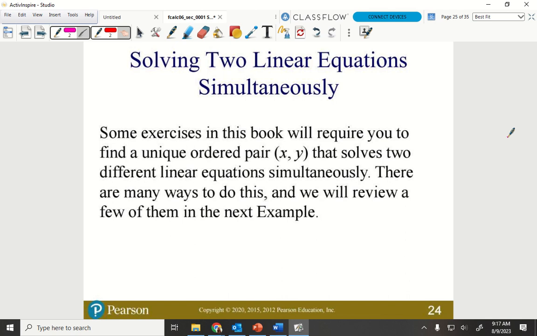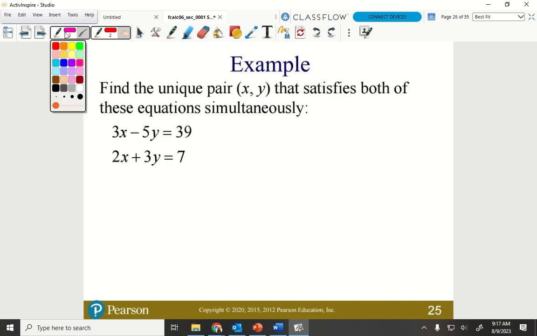There are many ways to do this. So find the unique pair, x and y, that satisfy both of these equations simultaneously. Now, we could use substitution, we could use elimination, we could use matrix. So from here, I like using elimination.